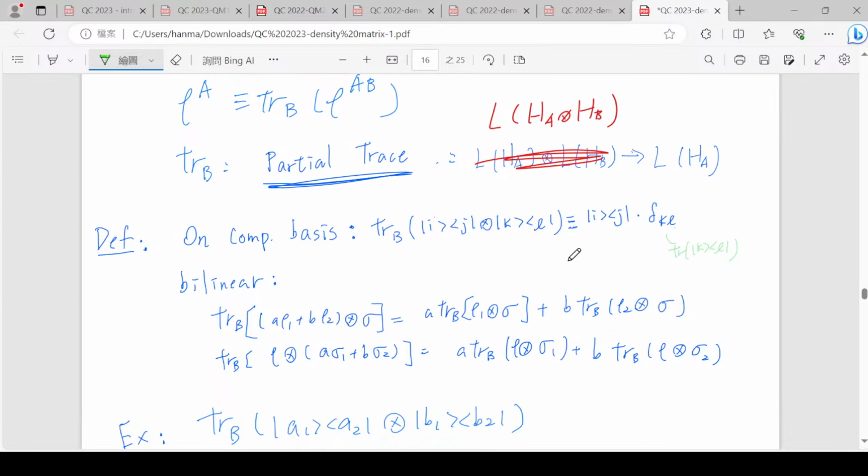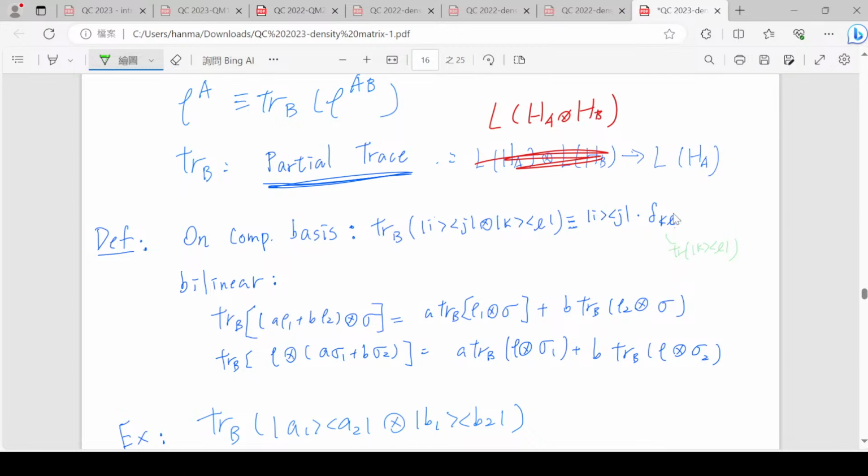That is, we define it on the computational basis, and then the partial trace is extended by linearity. On computational basis states, the partial trace basically says that you trace out the B part. So you have |i j><k l|, and you do the partial trace, then you become a density matrix on the A part, and that's just |i><k| on A, times the delta on the B indices.